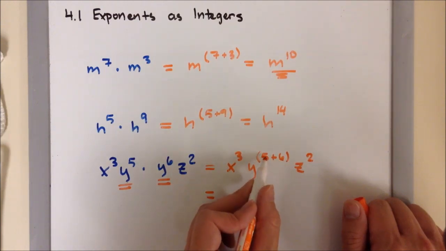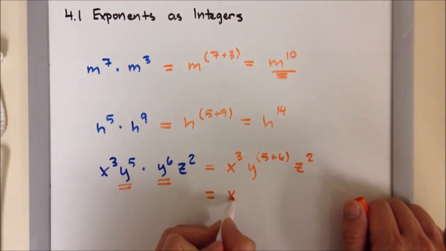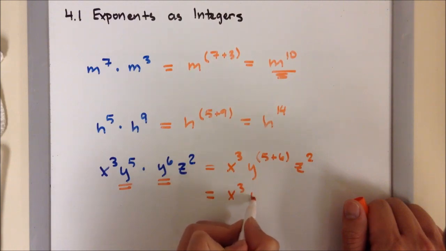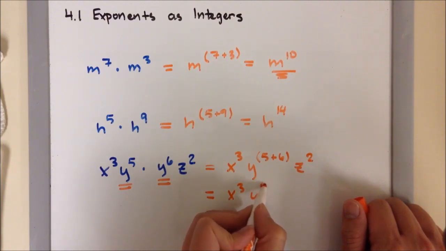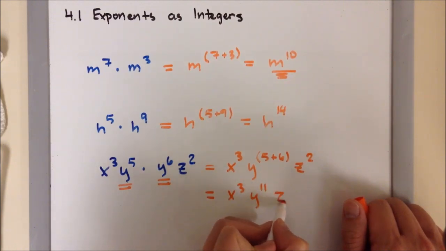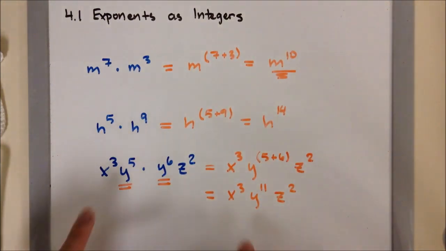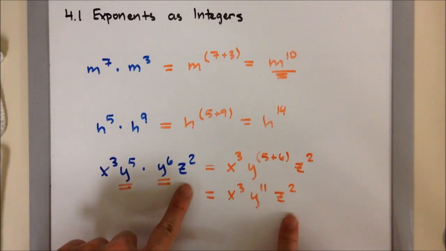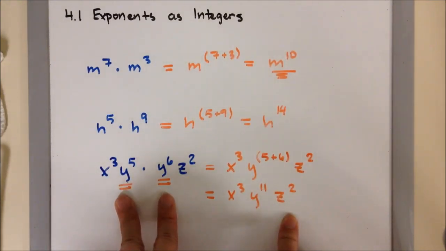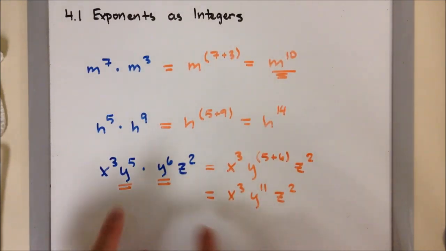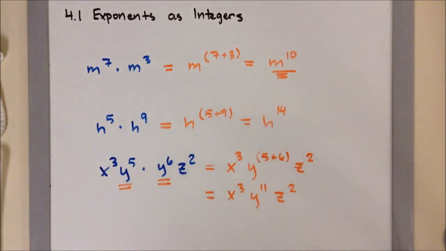So the only thing I'm adding is that 5 and 6. So my x to the 3rd stays the same. Now my y will be to the 11th power, and then z. So again, my x stays the same, my z stays the same. The only thing was I combined the exponent for y because it was multiplying.